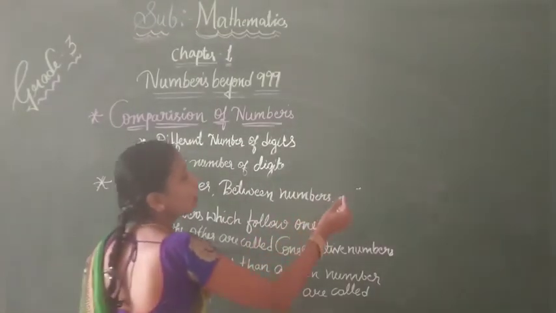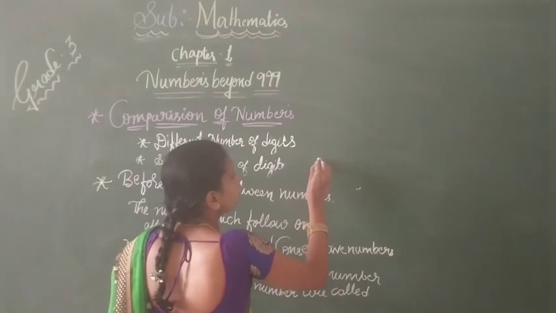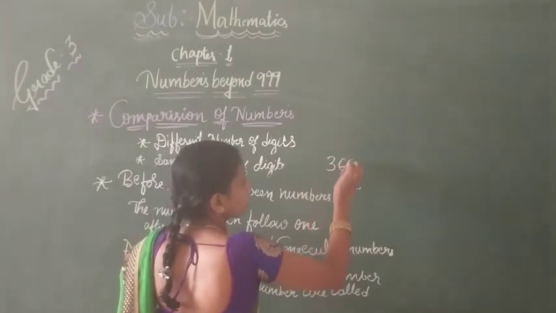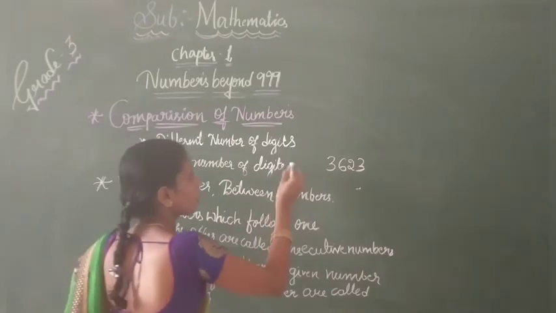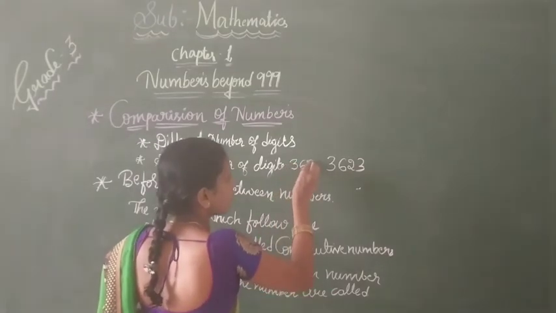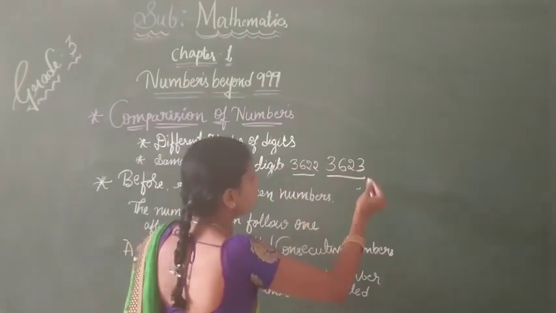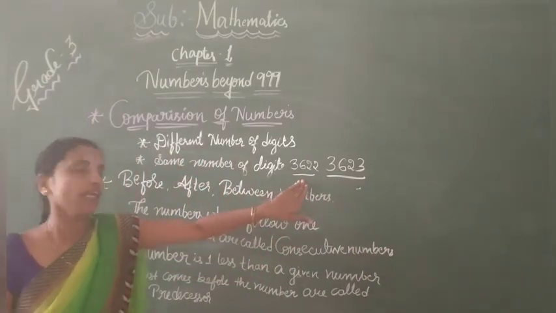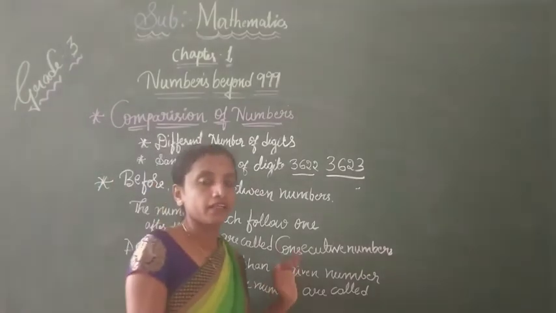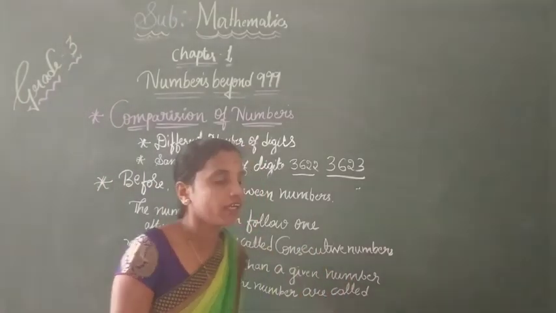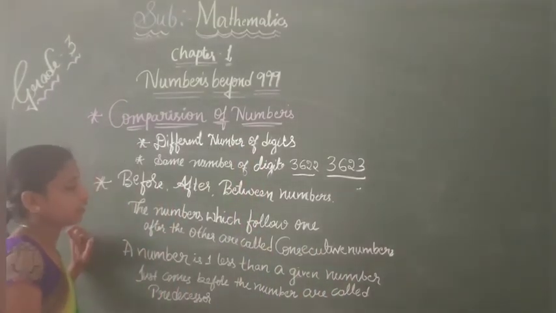Look here, I will show an example. 3623. One less than that means what? 3622. Is it? That is a predecessor number. Clear? Next is a successor.